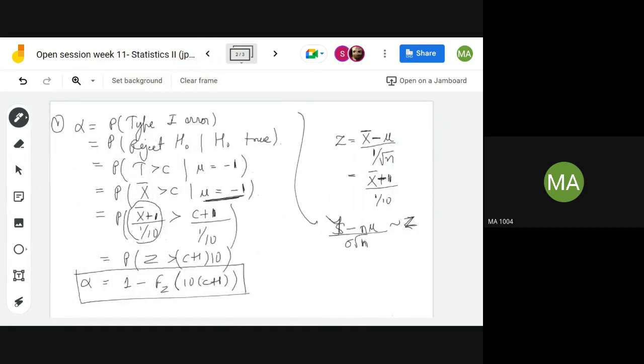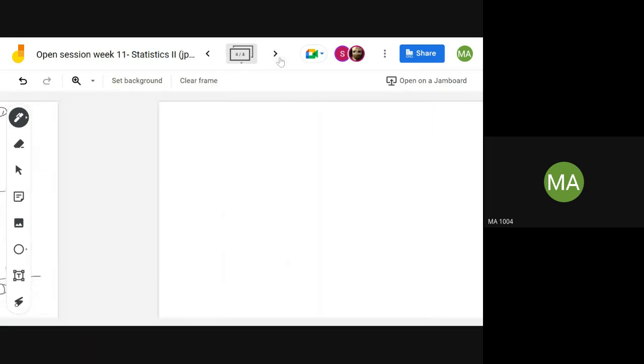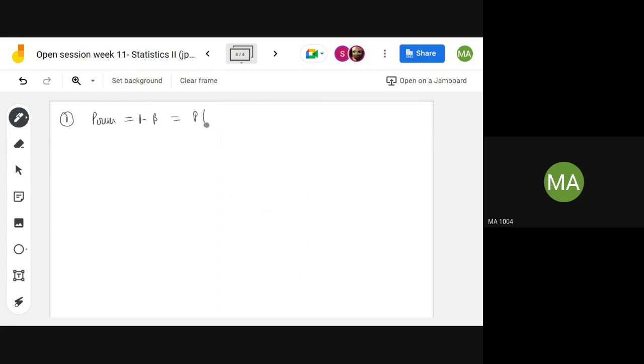So this is how we got alpha. Now, if we have to find the power, power is 1 minus beta. This is the probability that, given HA is true, you reject H0.